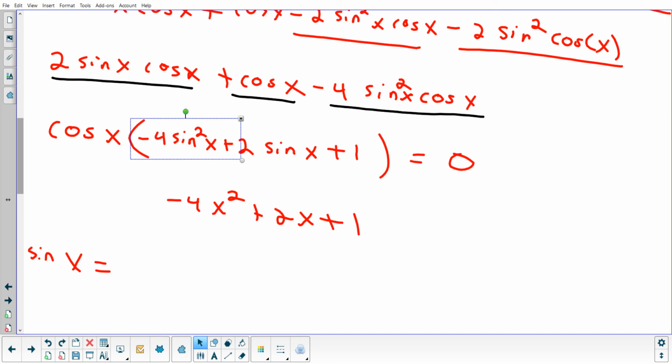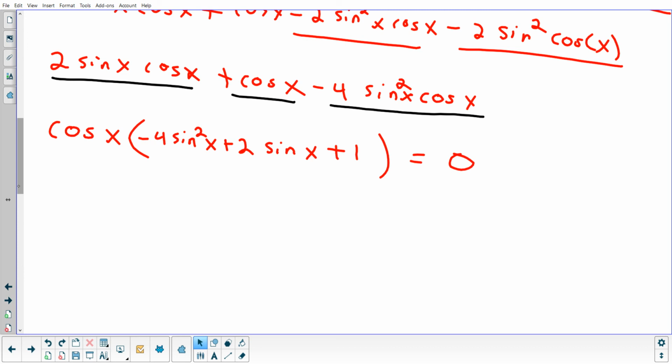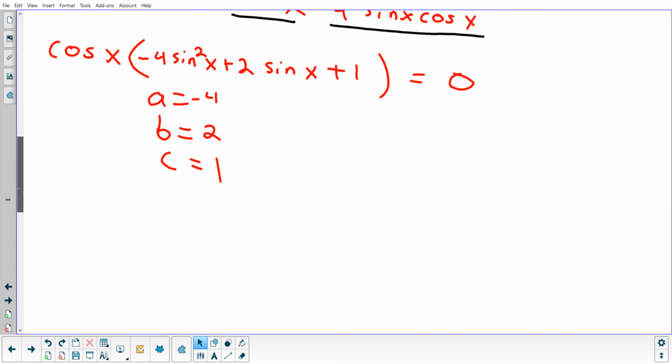All right. So let's see if we can solve that by first identifying A, B, and C, just like you would in a regular quadratic. What's A here? Negative 4. A is just a constant. Yep. And B? 2. C? 1. Now do the quadratic formula with negative 4, 2, and 1. But don't say equals x. Say equals sine x.